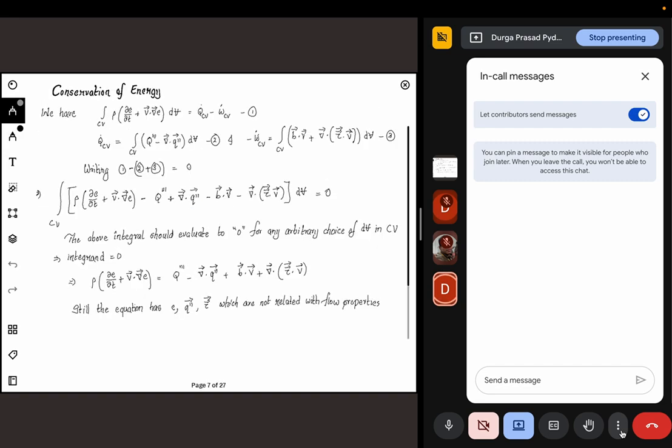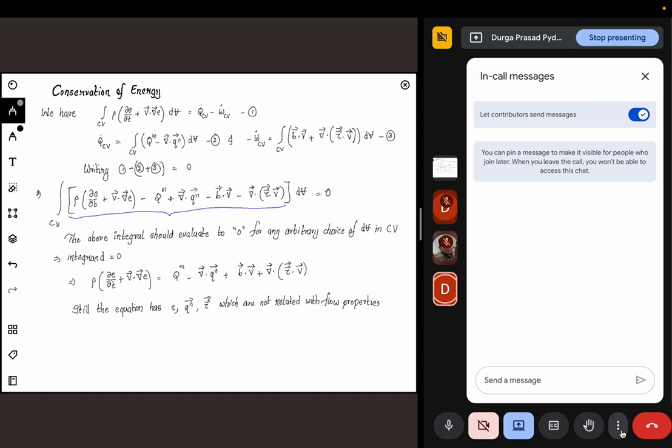So now we take all the equations together. So this is the total equation on the control volume side, which equals Q dot CV minus W dot CV. We take terms from the previous equations, and if we club them together, this is the net equation we have. So this entire integral term within the brackets times dv equals 0.